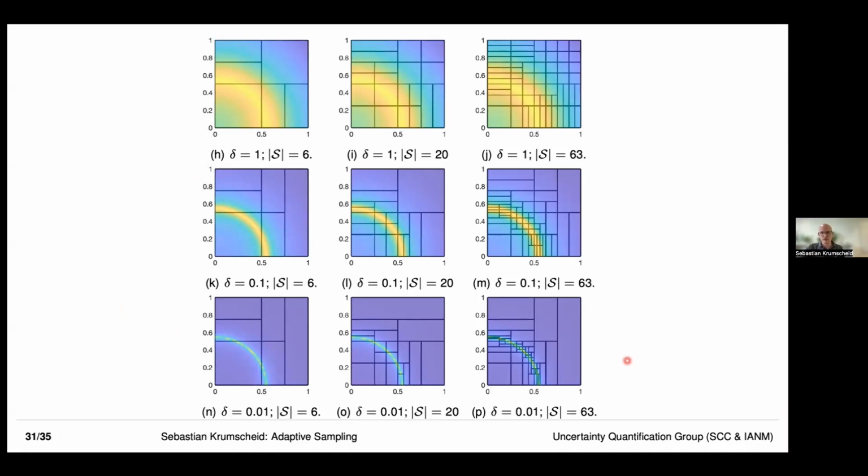And what we see in all cases, sure, this is maybe not so well suited because it doesn't have too many localized features. But here we nicely see that this procedure concentrates on the sharp feature, which is still continuous but has very high gradients. Also notice that the sharp feature is not aligned with our stratification, right?